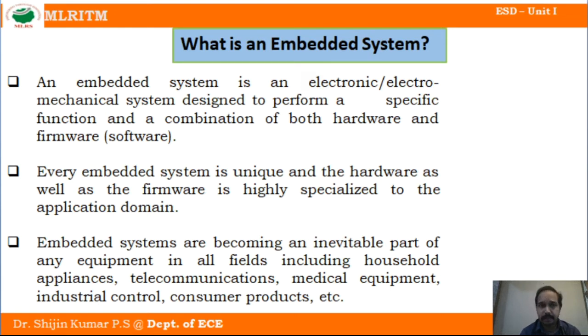So actually what is happening there? We have a program that is stored inside a microcontroller placed inside the air conditioner. Then what are the inputs that we are giving? A sensor value. The room temperature will be sensed using a temperature sensor.